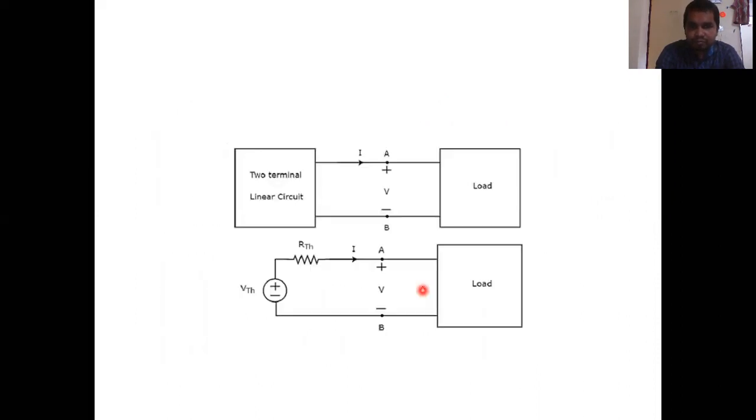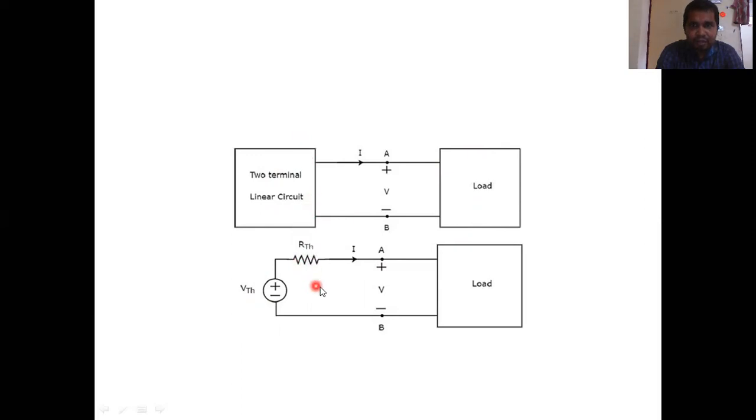Let us see. Suppose I have a two-terminal network, that means here I can have any number of sources with elements connected, and I have a load here. The load terminal will remain the same, and the rest of the entire active and passive elements can be replaced with this equivalent.